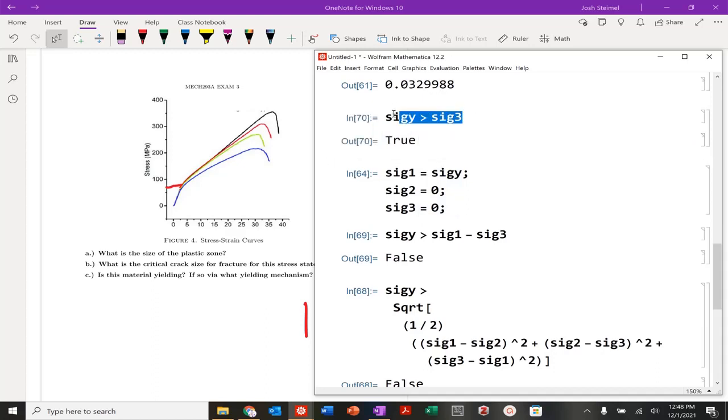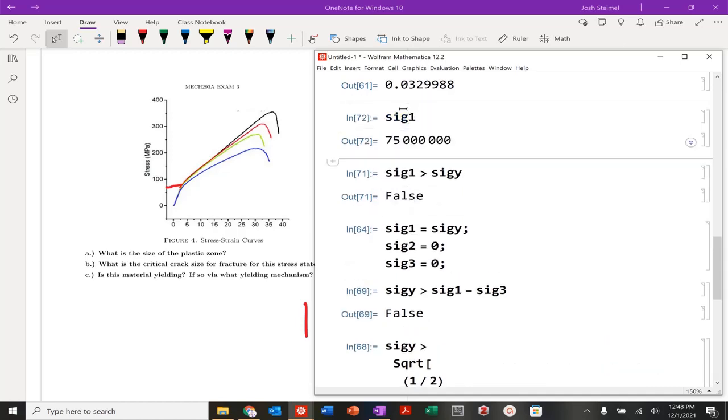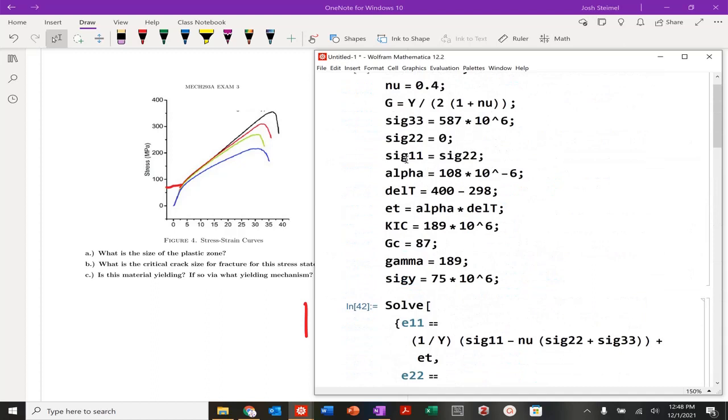Let's just be consistent here. Our condition is, if sigma 1 for ranking is greater than sigma y, then it fails. Where's our sigma 1? I think our sigma 1 is a little bit off.